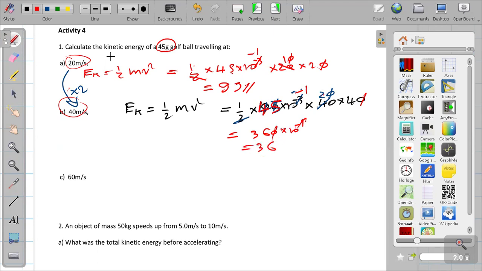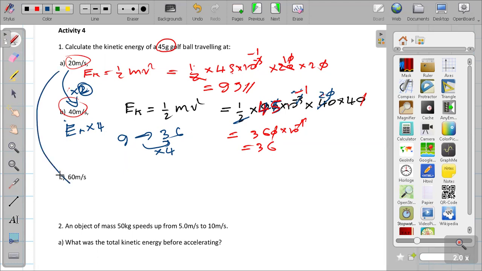It is 36. Now, what is the ratio of 9 to 36? It's been multiplied by 4. If the velocity is multiplied by 2, you can see that kinetic energy Ek will multiply by 4 times. If the velocity doubled, it gets 4 times.